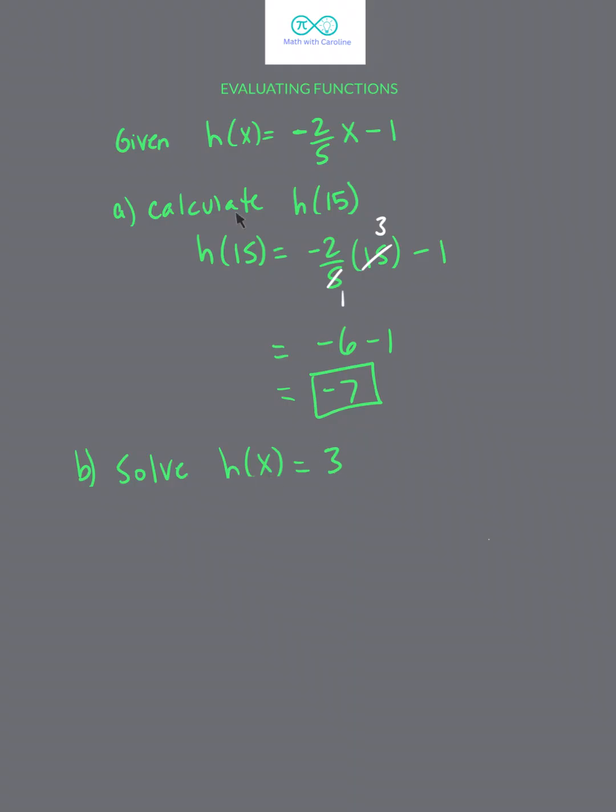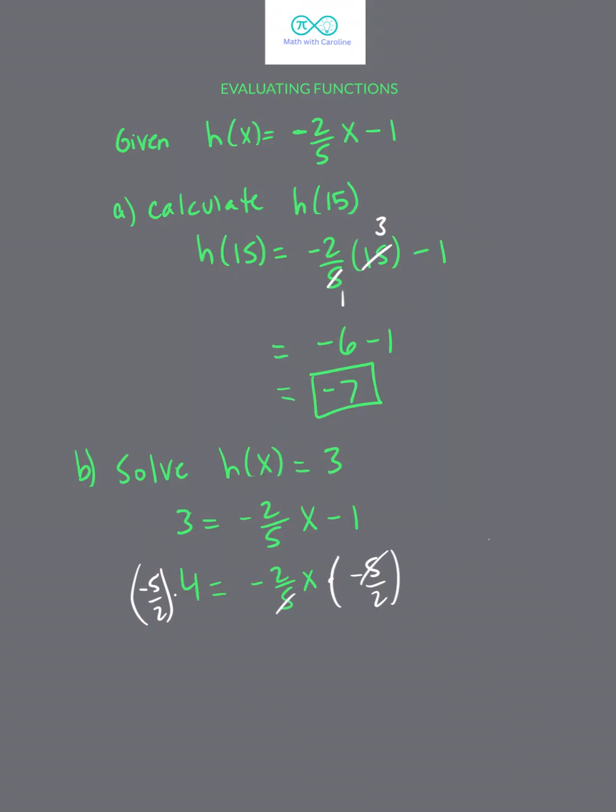So we'll plug in the 3 here, and we'll solve for x. So we'll add 1 to both sides. And then the best thing to do would be to multiply both sides by the reciprocal of your fraction.